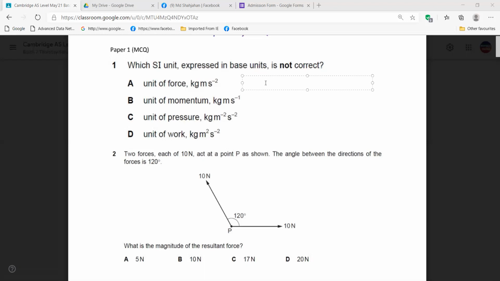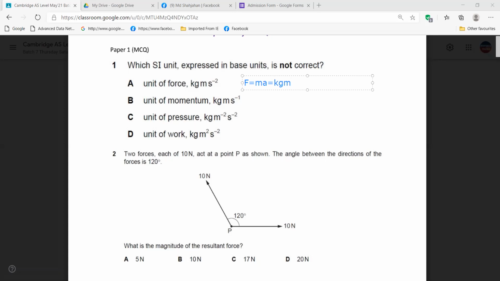So force formula we know F equals ma, right? I'm showing you. F equals ma. So m is for mass, right? So kg. Then acceleration is meter per second square, right?